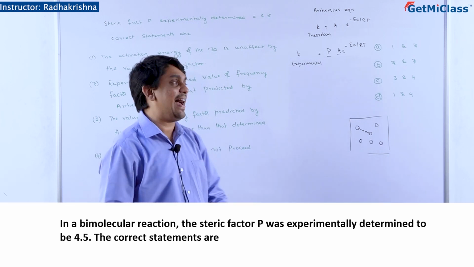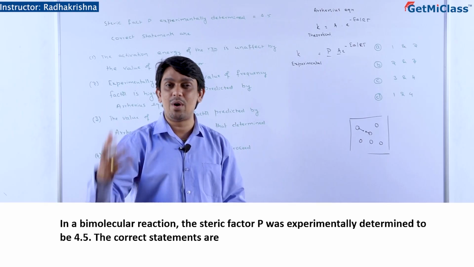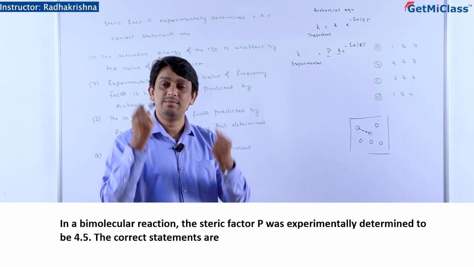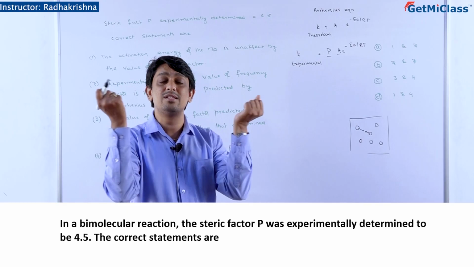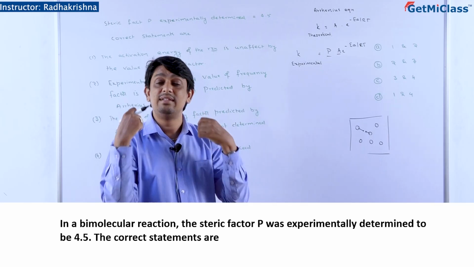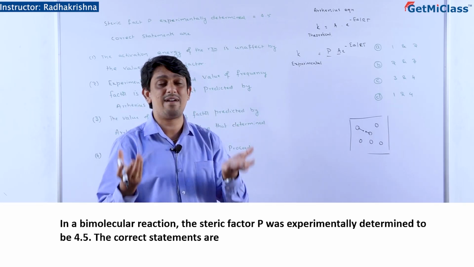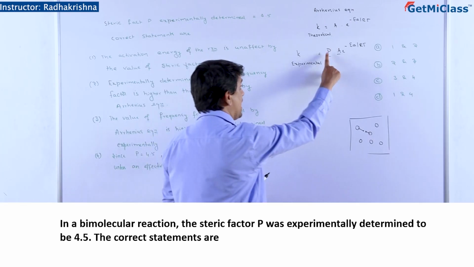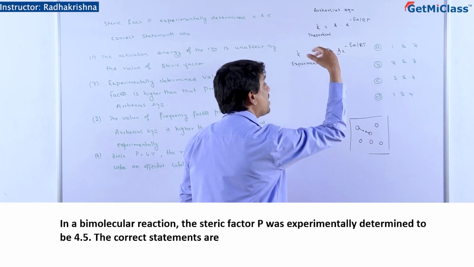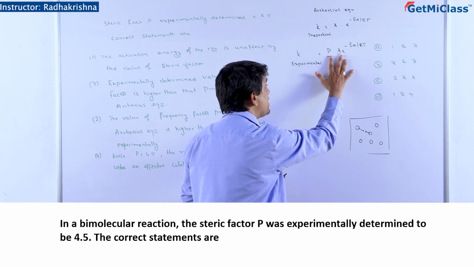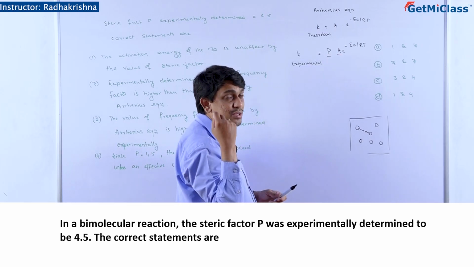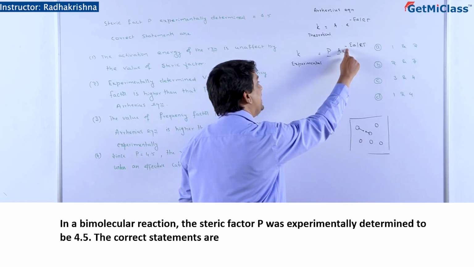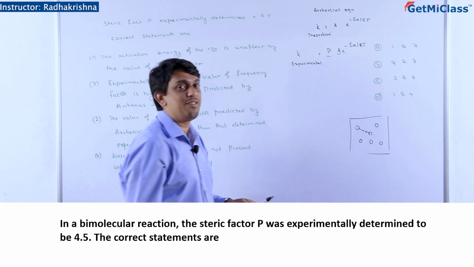So you are saying that in order to make reaction possible, there must be collision. These reactant molecules must have a proper orientation, and these reactant molecules must have an activation energy. If these three possibilities are there, then we can have a reaction possible. But you should understand that they are independent of each other.